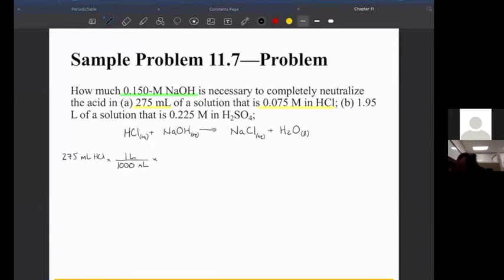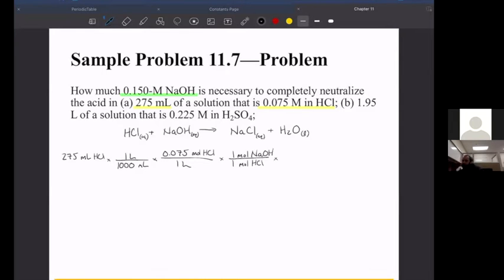Okay, so now that I'm in liters, I can use my concentration, which says that there's 0.075 moles of HCl in 1 liter of this solution. And what I care about is what I want, or my answer is talking about NaOH. So I need to jump from moles of HCl to moles of NaOH using my balanced chemical equation.